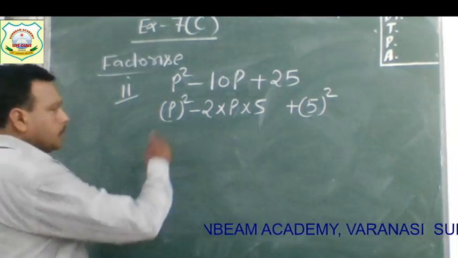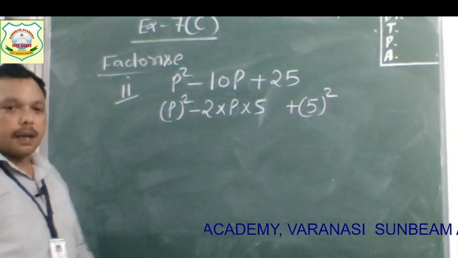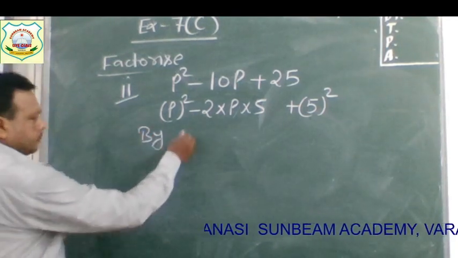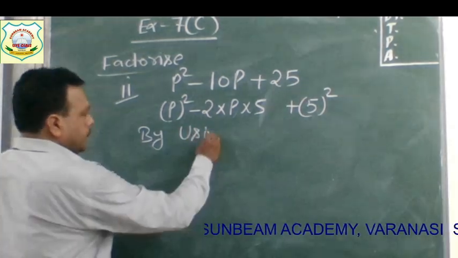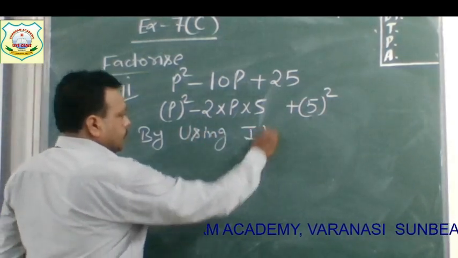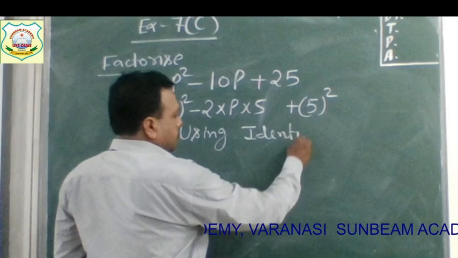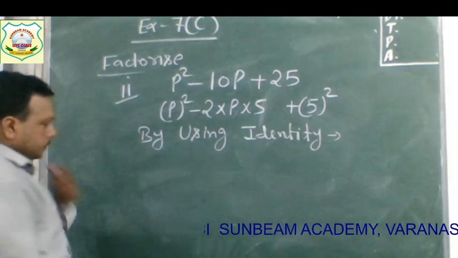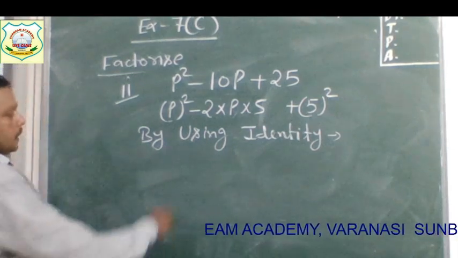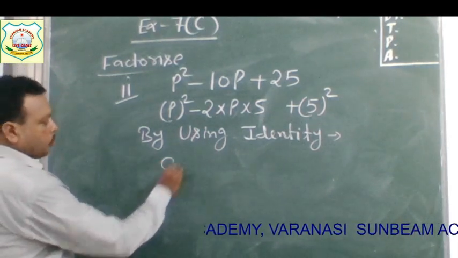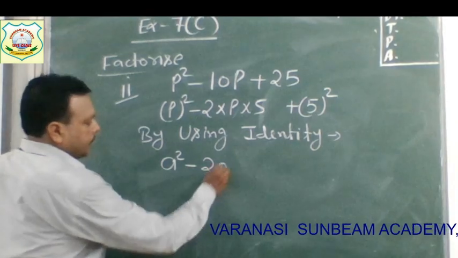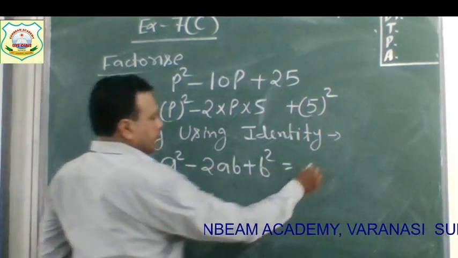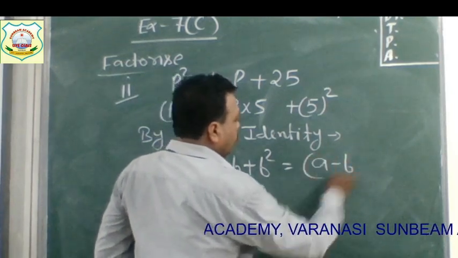So, here you will use which identity? A minus b whole square. So, by using the identity, a square minus 2ab plus b square equals, what should be? A minus b whole square.